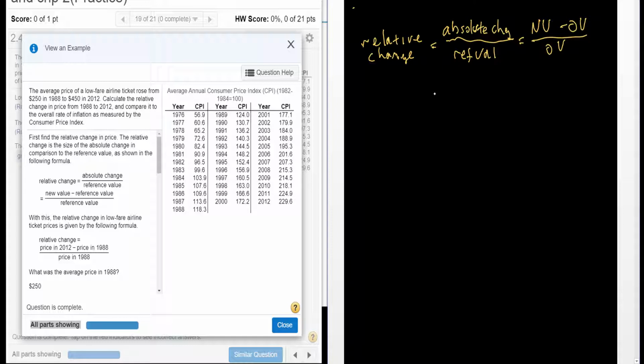In this case here, we have the 2012 price minus the 1988 price, divided by the 1988 price.